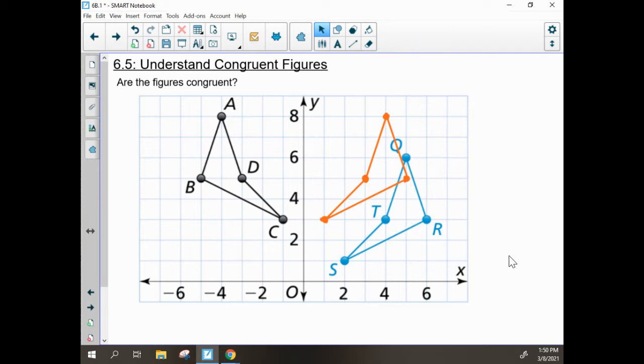So now I see that I'm going to have to do some form of a translation. So let's try to line up the corner right here and right here. So if I drag it down two and I go to the right one, well, as you can see right there, those two mapped onto each other.